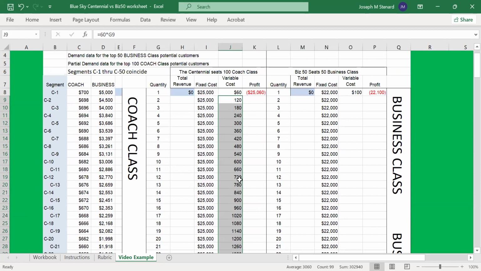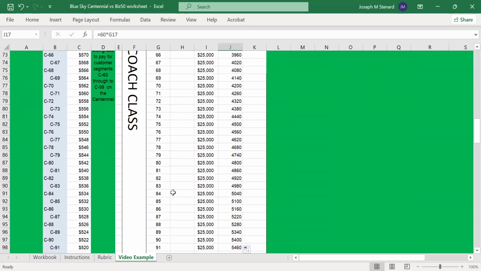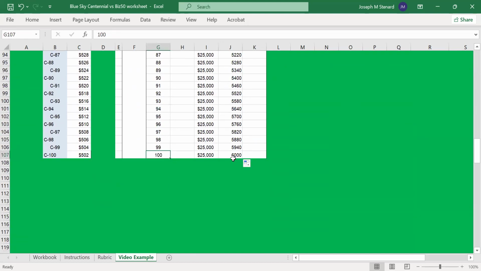And just to make sure that Excel is doing things right, that we didn't make an error, we do some mental math here. At 10 customers, it should be $600, and it is. And at 100 customers, it should be $6,000, right? 60 times 100 is 6,000. I don't do every one of them, but you just do a couple spot checks just to make sure that there wasn't some kind of error before you get further.